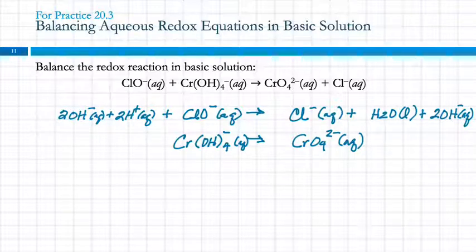I think it's easier to look at, and there's a lot less pluses and minuses to deal with if we recognize that 2 hydroxides and 2 hydrogen ions make 2 water molecules. That's why we put the hydroxide in there, to neutralize the acid. And of course, this is all just us making stuff up so we can balance the equation.